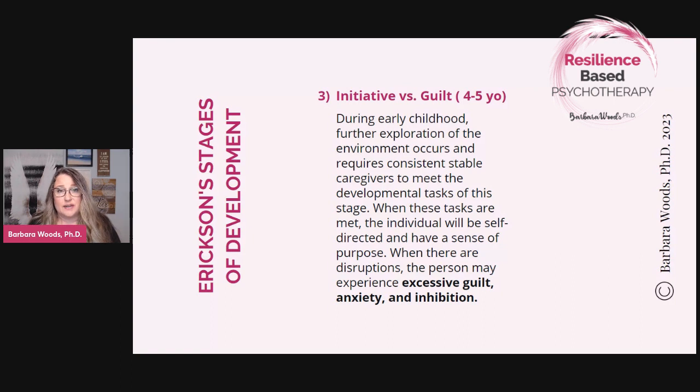And they may be very inhibited. So they might be shy, might be unable to activate to do certain tasks and activities. So they are slow to get moving, and it's hard to motivate them. Very important because they're entering school and preschool during this time as well.